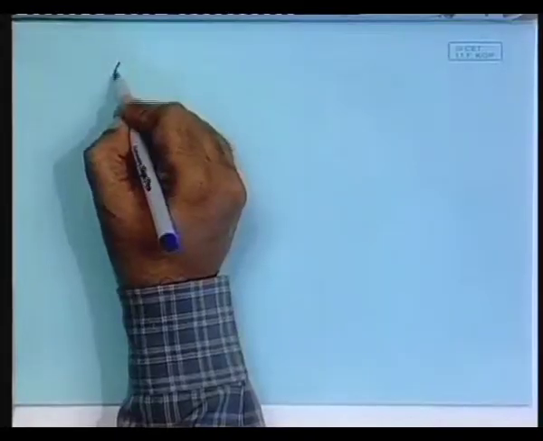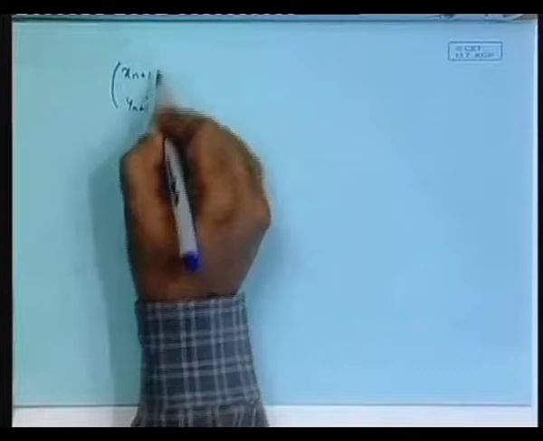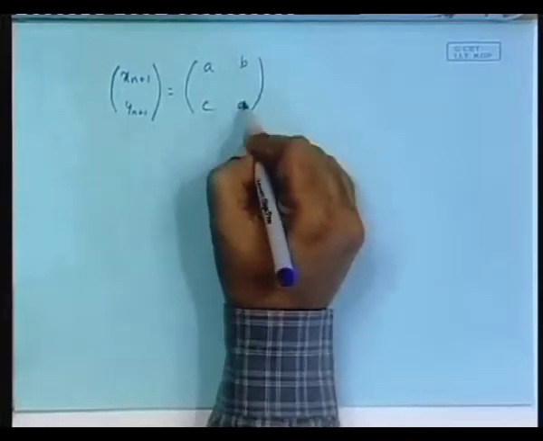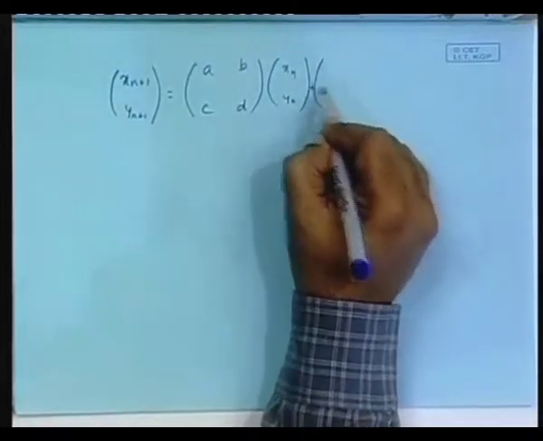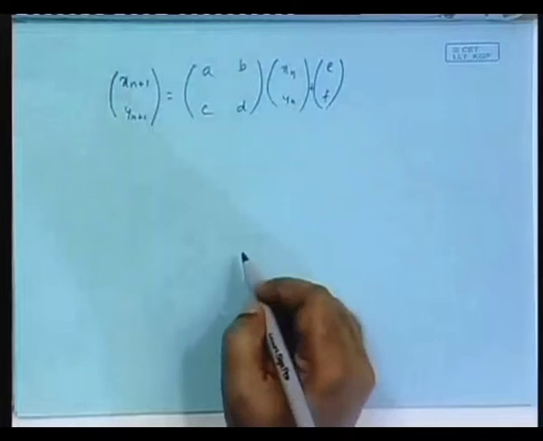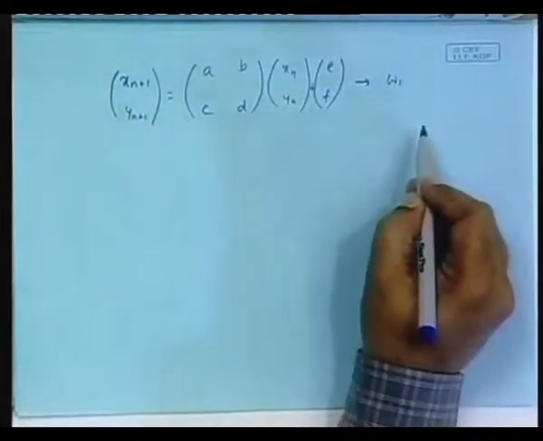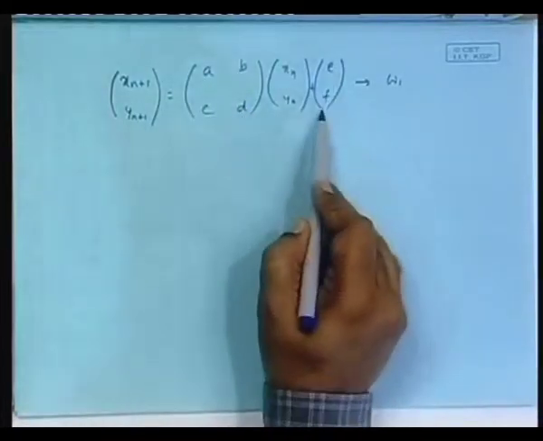So, I am defining it as x n plus 1, y n plus 1 equals A, B, C, D times x n, y n plus E, F, and this is say W1. You will need 3 of them. So, you will need 3 values of A, B, C, D, and 3 values of E, F.